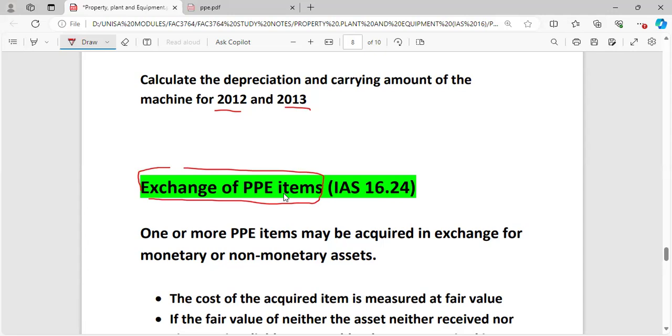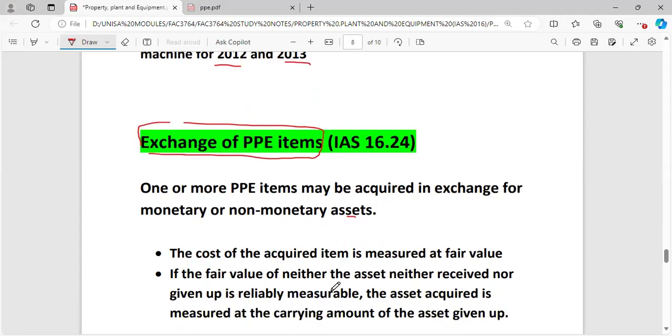In the exchange of PPE items, one or more PPE items may be acquired in exchange for monetary or non-monetary assets, which means there is going to be an exchange. So the most important thing is to determine the value that we are going to record in our books for that exchange.